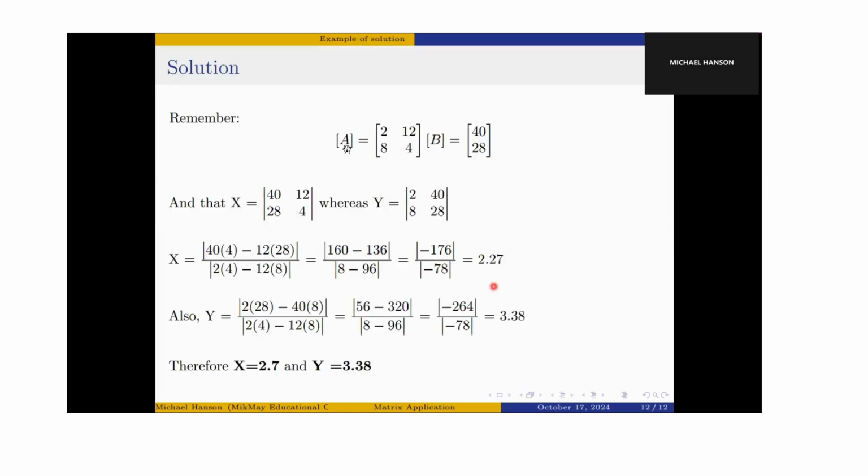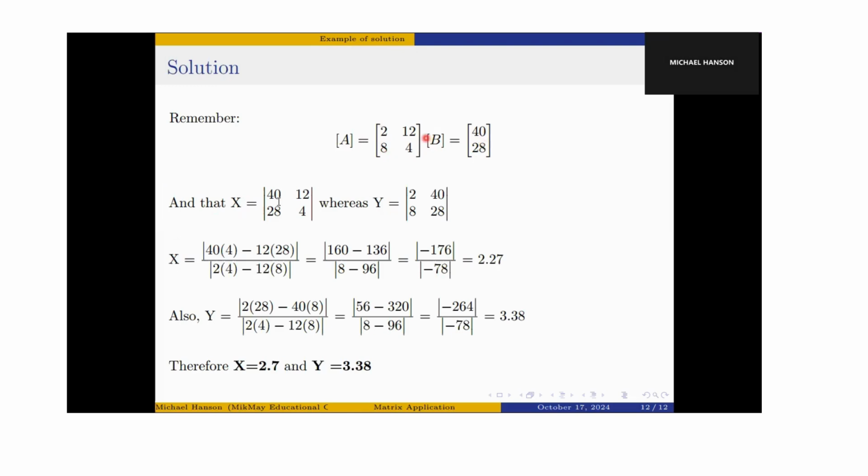Now remember, the A matrix was formed with 2, 8, 12, 4. And the B matrix, which is the constant, was 40, 28. Now, for A subscript X, we replace the first column of the general matrix with the constant.